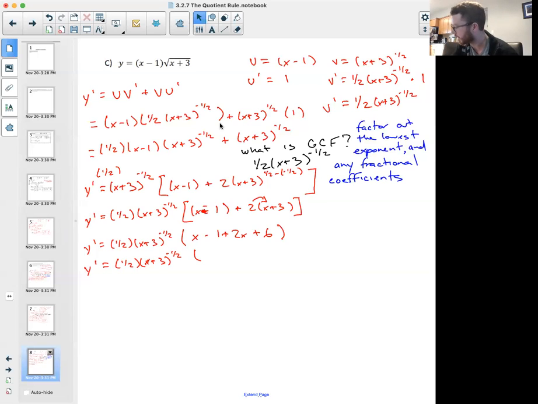So x and 2x will give us 3x. Negative 1 plus 6 will give us plus 5. And I know you guys do not like negative exponents. So let's fix that as well. If we put a 1/2 in the numerator into the denominator, it will become 2. So our answer here, we will have 3x plus 5 over 2 times x plus 3 to the 1/2.